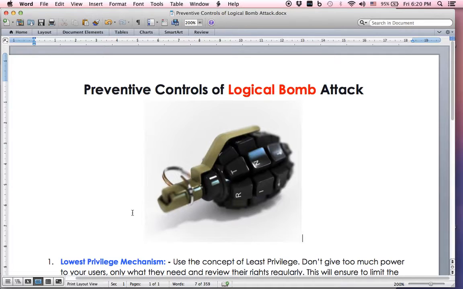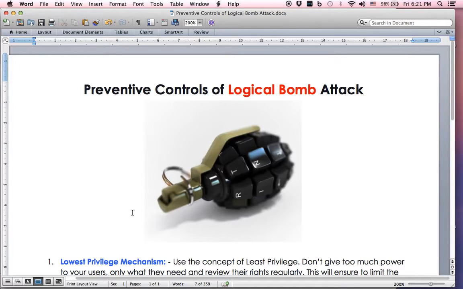So the logic bomb attack normally comes from an insider attack, from a disgruntled employee. When the IT team has an internal conflict between officer and manager roles, they will put their resignation paper to the management.